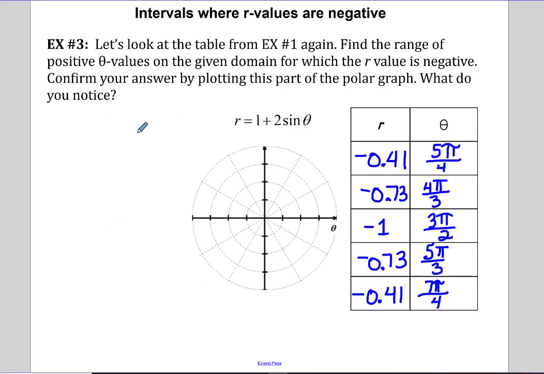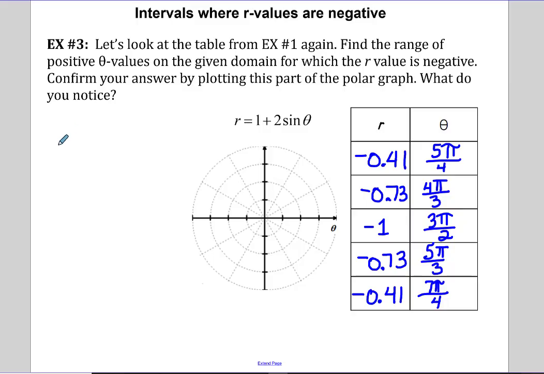So the third skill we want to look at, and again, I pre-filled in the table ahead of time to save time. So let's look at the table from example 1 again and find the range of the positive angle values on the domain for where the R value is negative. So these positive angle values had negative R values in this interval from 5 pi over 4 to 7 pi over 4.